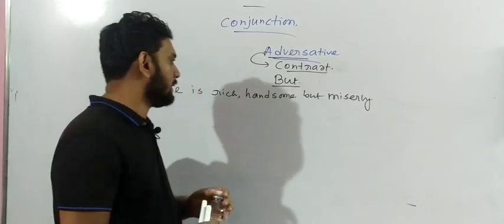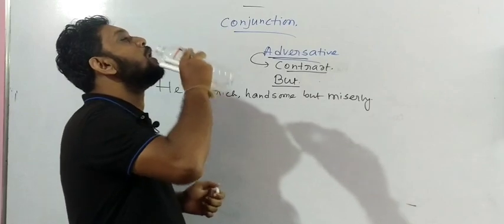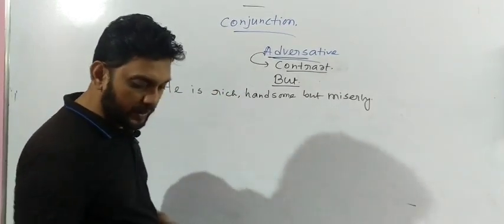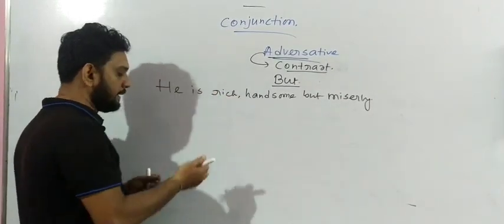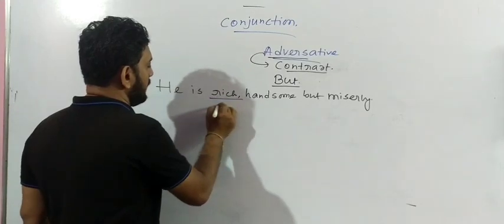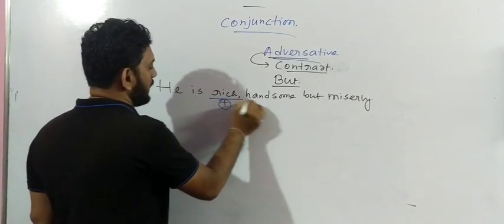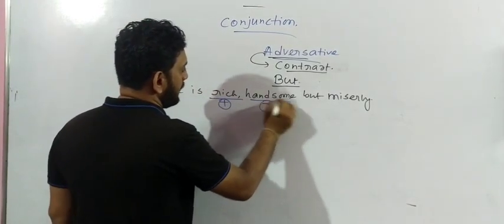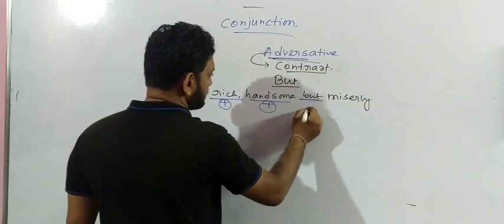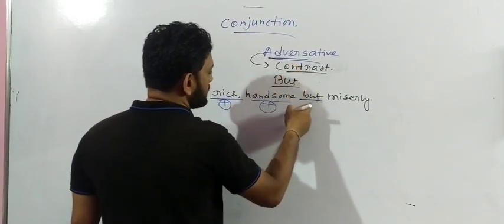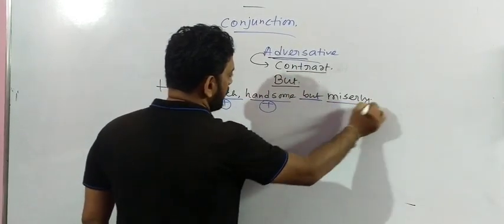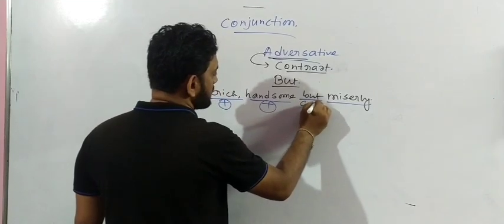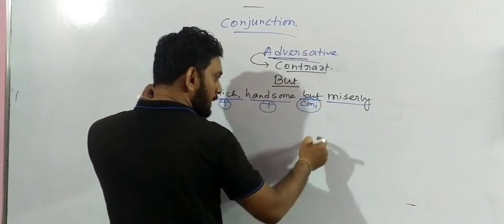Have you seen that? Here rich is a positive word, handsome is also a positive word, but I have written but, and but is an adversative coordinating conjunction.